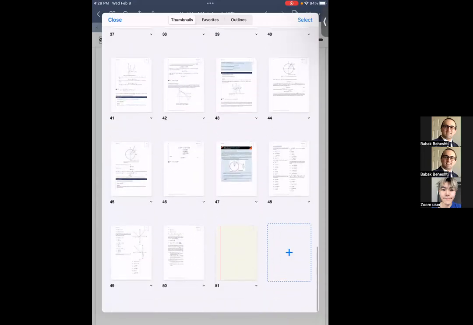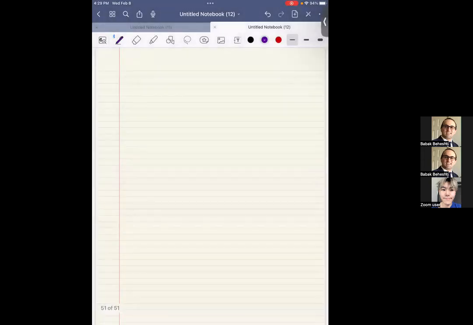So let me go to a new page. I want to compute this limit of the absolute value of x squared minus 4 divided by x minus 2, as x goes to 2. Here, because we have an absolute value, we should consider two cases: when x is greater than 2 and when x is less than 2.